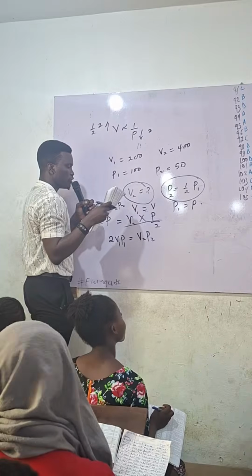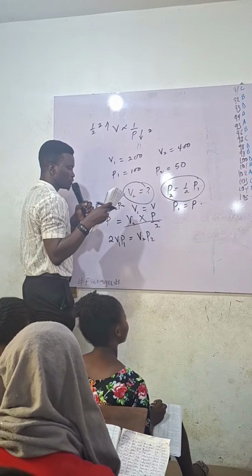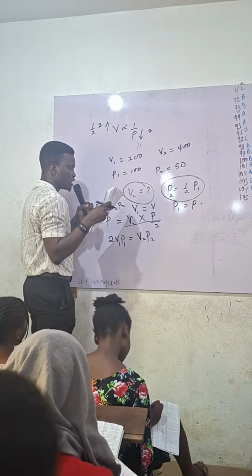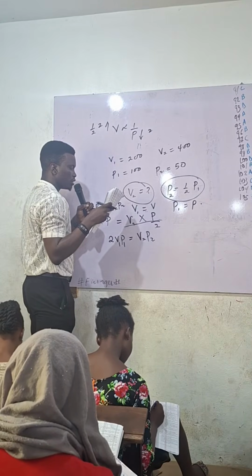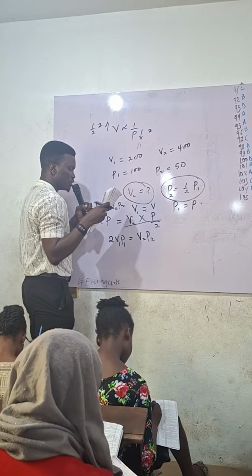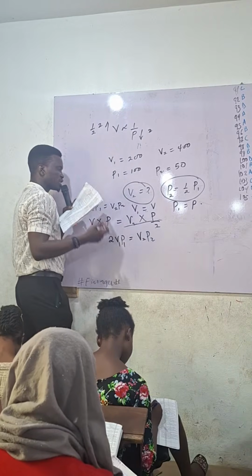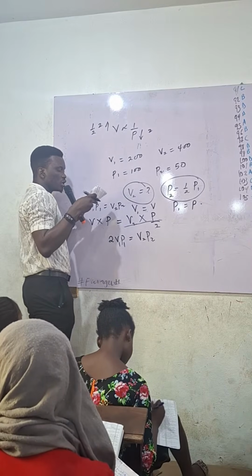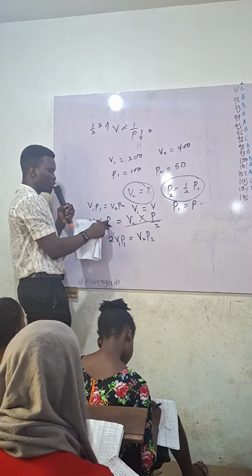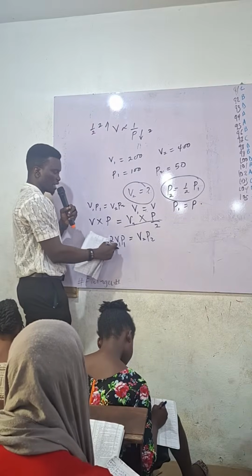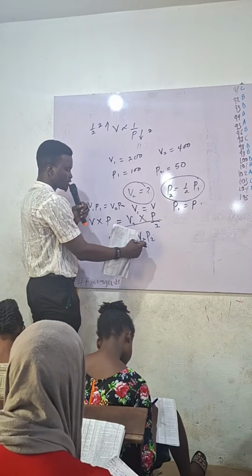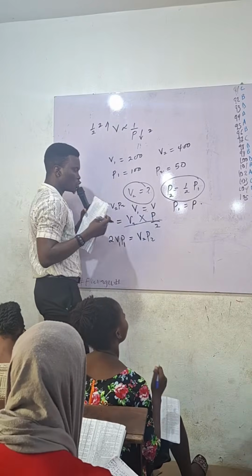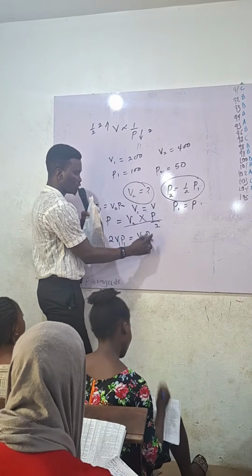If you look at the options, none of them actually has P1, which means we still have to work with this. This is V1. So in our option it says V1 P1 equals V2, and they said P2 is out. This should actually be like your P1.